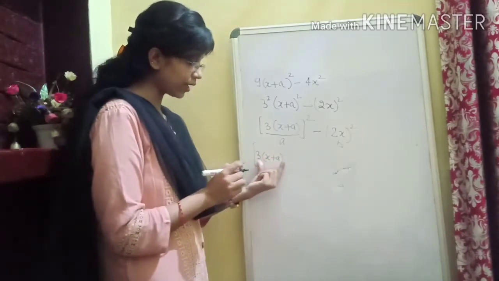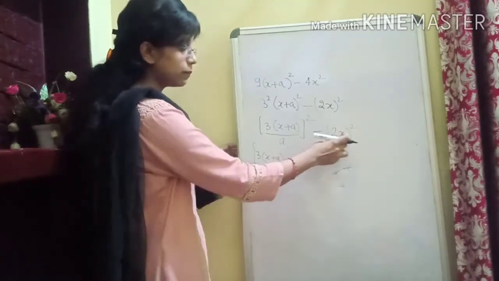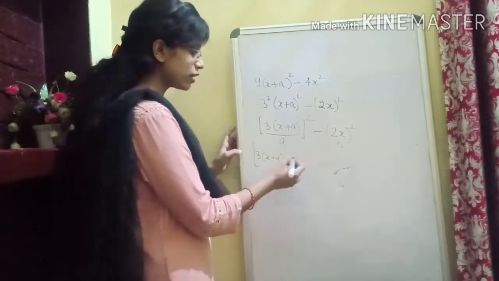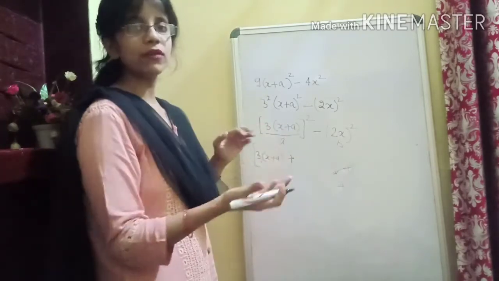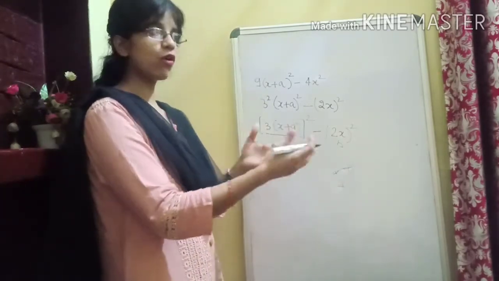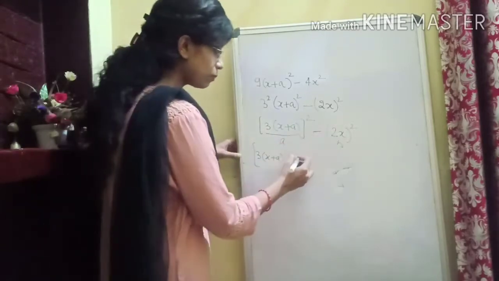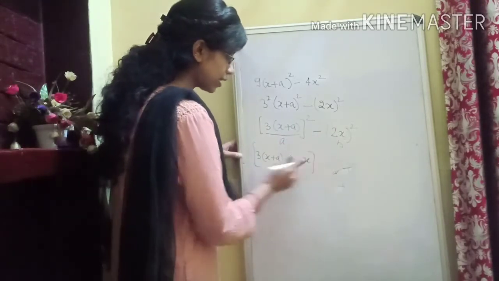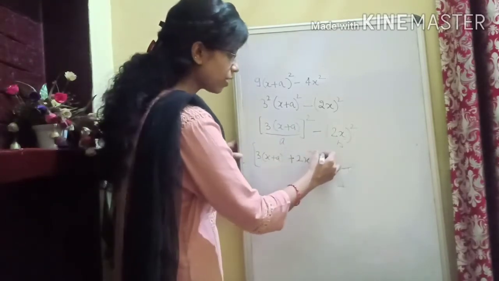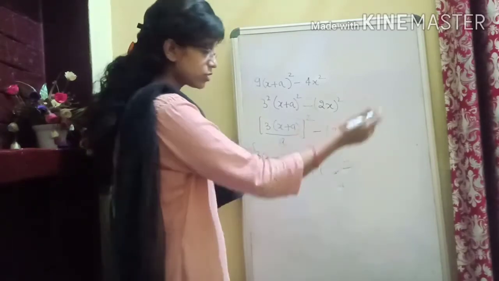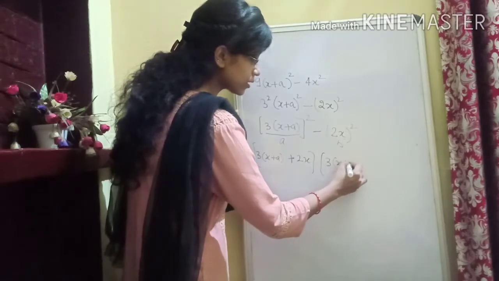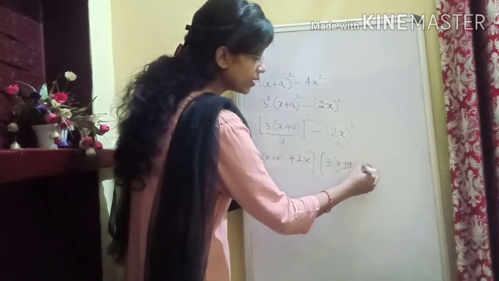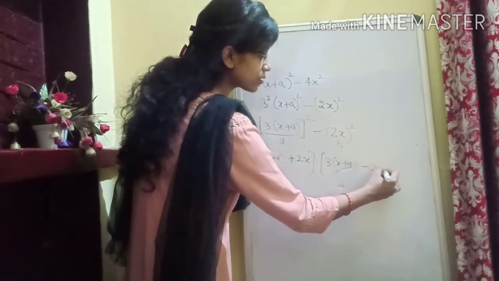There is no problem if you write a plus b, a minus b, or a minus b, a plus b. So a plus b is plus 2x. Now the next bracket, a minus b. What is your a? This whole thing, 3 times x plus a. b is 2x. Is it clear?